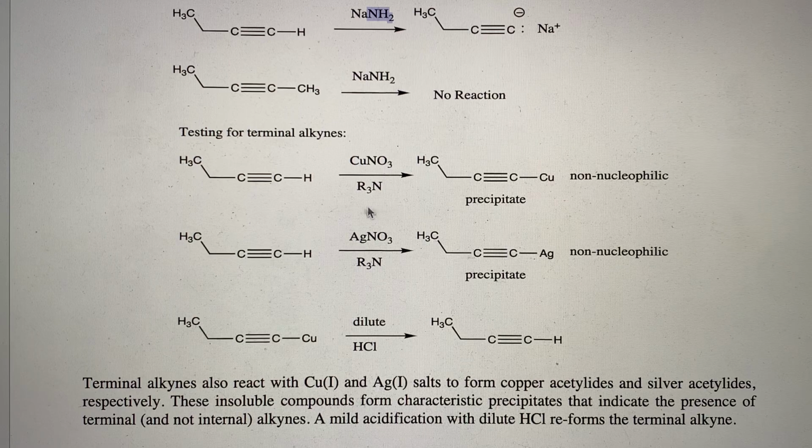Now because of the reaction of the terminal alkyne, because of the hydrogen, we can test for terminal alkyne, which means the triple bond at carbon number 1. We can test that with various substances like copper nitrate. It will react and remove that hydrogen. It will react with silver nitrate, because it acts like an acid.